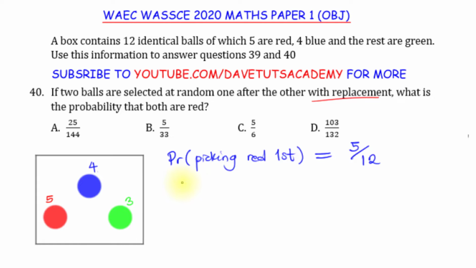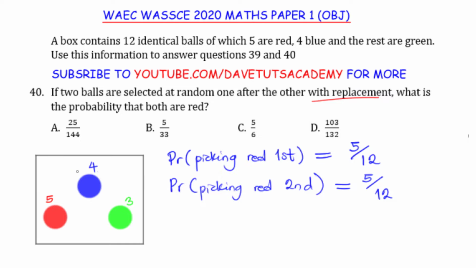Alright, then after taking that red ball, we are told that we also replace it before taking the other one. So the probability of picking red second in this particular scenario will also be the total number of red. Now, since you replace it, the number had been returned to 5. So that's still 5 over the total number. Since we replace it, the total number also had returned to 12.